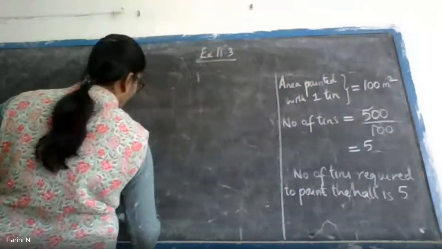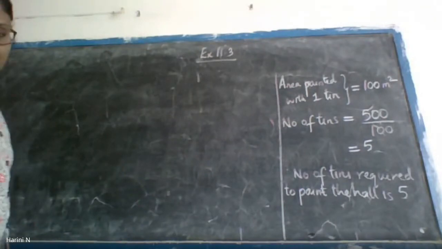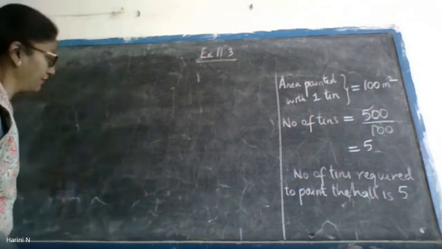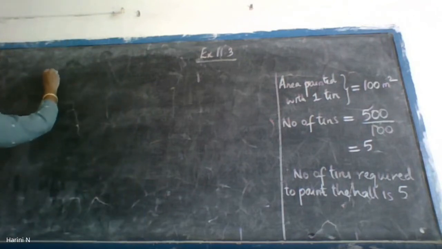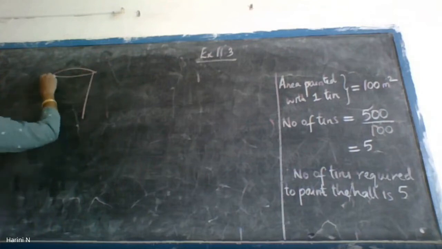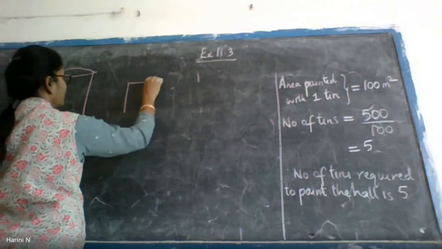So first draw the two figures correctly. You have a cylinder whose base radius is 7 and the height is also 7. Then you have a cubical box.